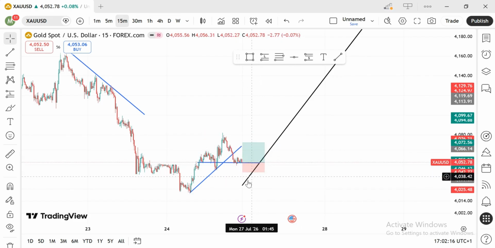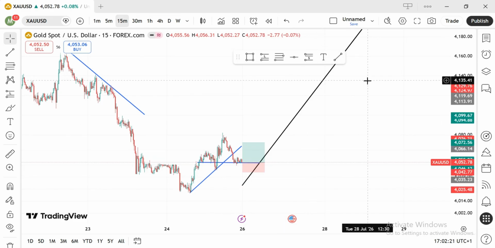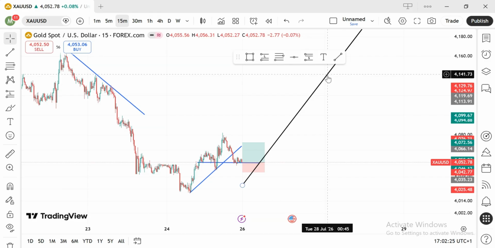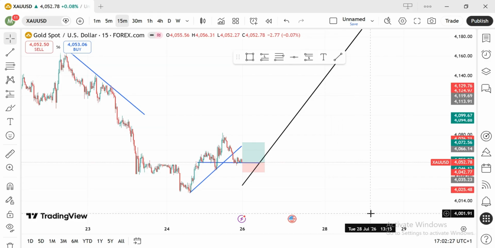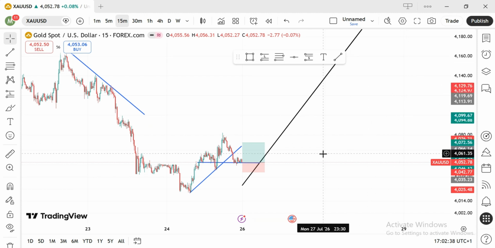So remember I said we are in a pullback phase to test the 4-hour trend line. Then it will either reverse back and continue the bearish trend, or it will break out of that 4-hour trend line and test it, then continue bullish.